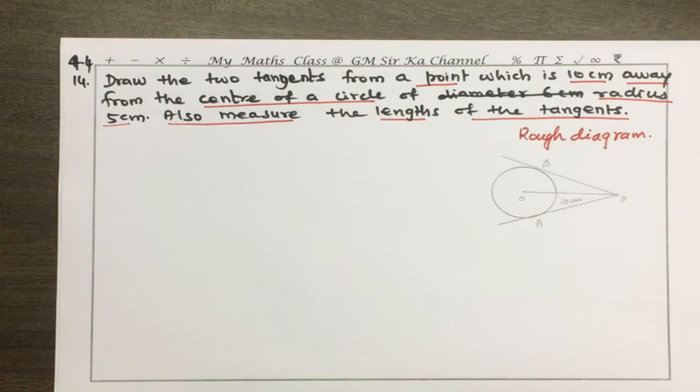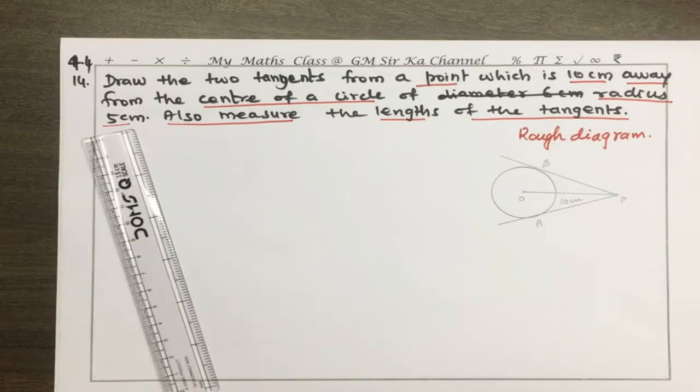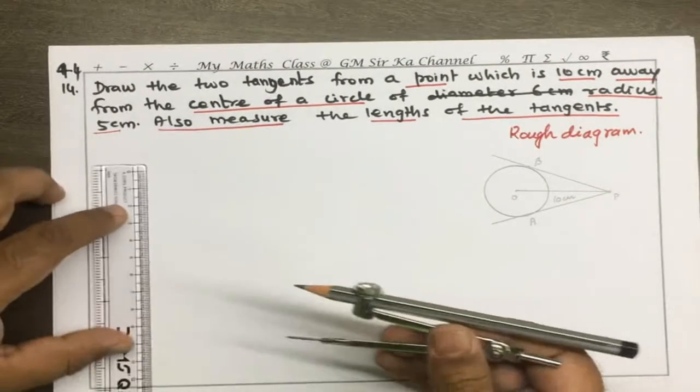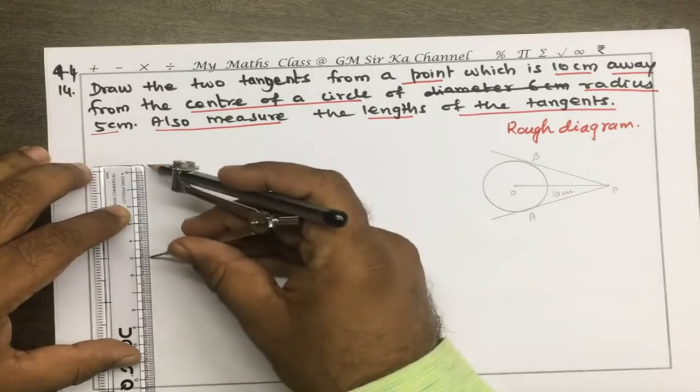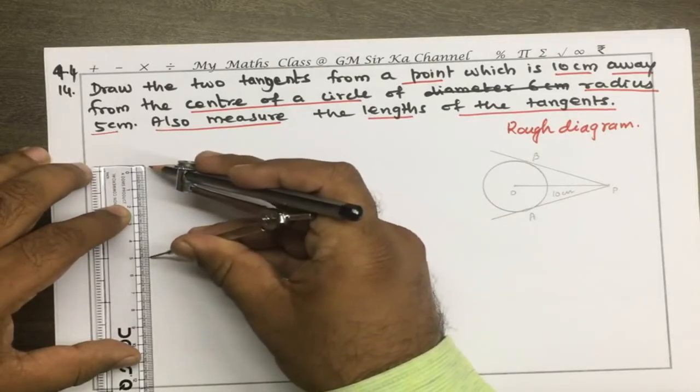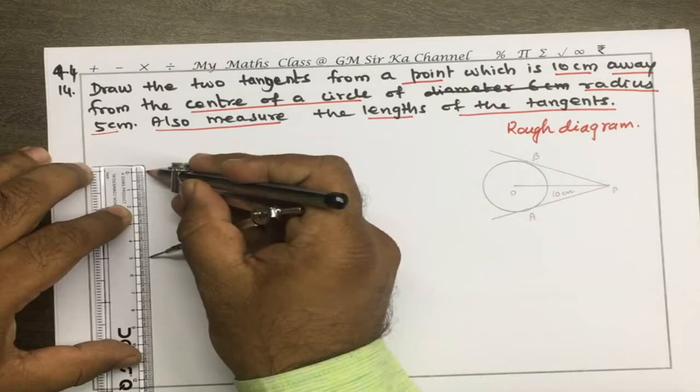So let us draw the circle which is of the radius 5 centimeter. Let us take the radius 5 centimeter in the compass like this.